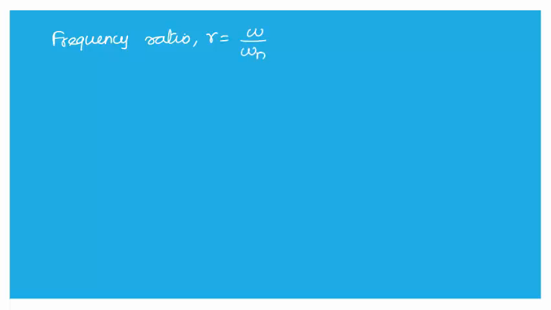Omega we have calculated in the previous step. Omega n, that is natural circular frequency, can be calculated using the formula root of S by m. So S is 85,000 Newton per meter divided by mass of the machine, 100 kg. So omega n value will be 29.15 radian per second.